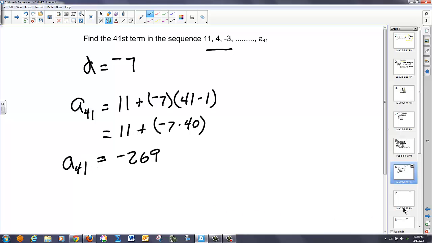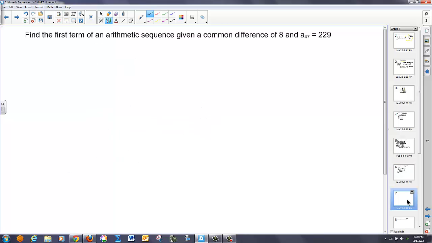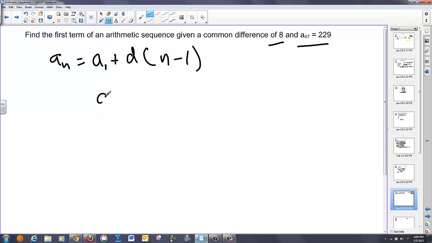Let's head over to the next problem. I want to find the first term of a sequence given that the common difference is 8 and the 47th term is 229. So I know, once again, I'll write it up here, a sub n is equal to the first term plus the difference times the subscript minus 1. All right. Now I'm looking for the first term, so that's my unknown in this case.